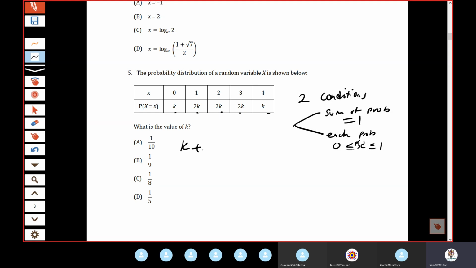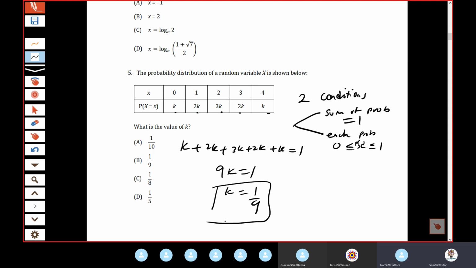All you're meant to do is K plus 2K plus 3K plus 2K plus K equals 1. That gives 9K equals 1, so K equals 1 over 9.